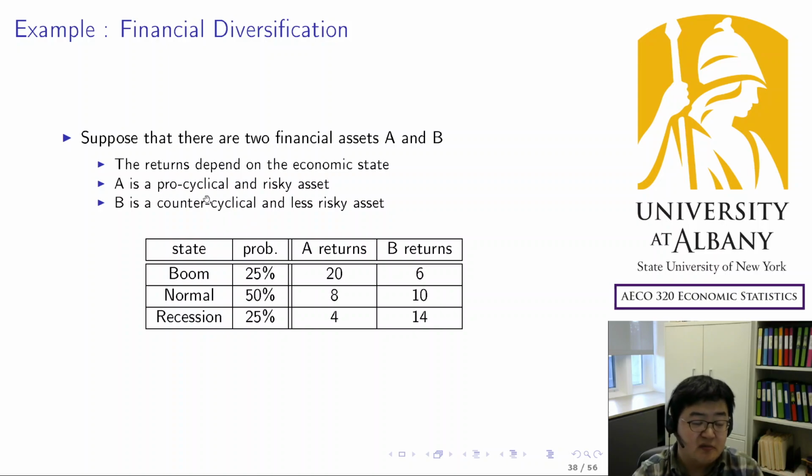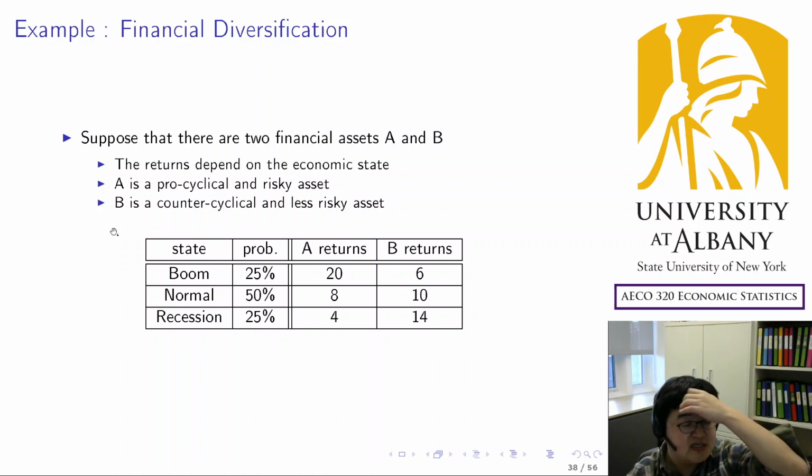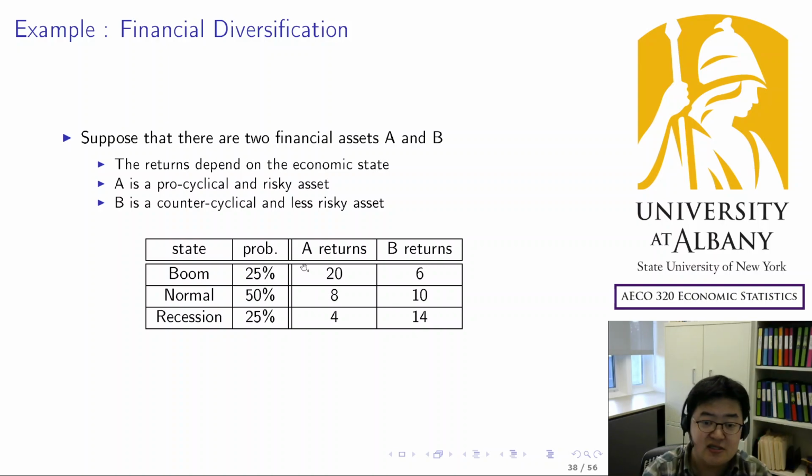Pro-cyclical means the value of asset A increases when the economy is in boom and goes down in recession. But B is a counter-cyclical asset. That means B's return increases in recession and decreases in boom.